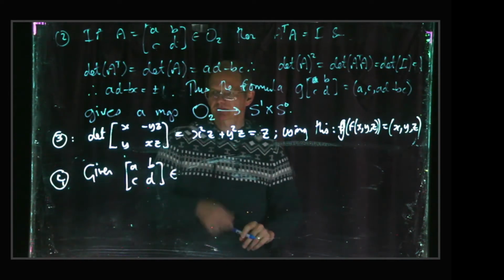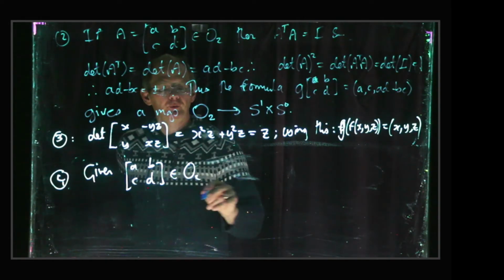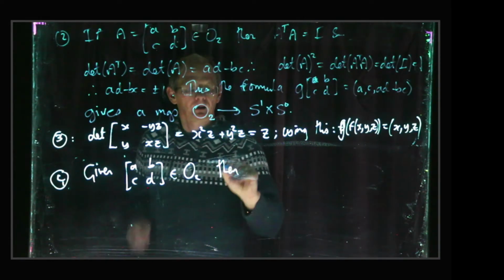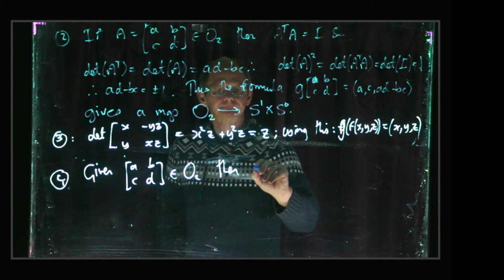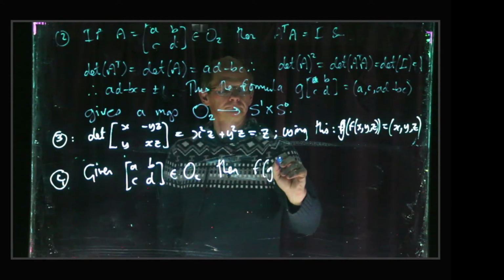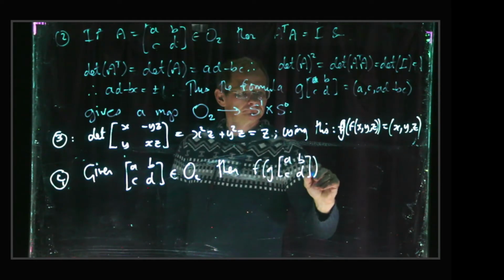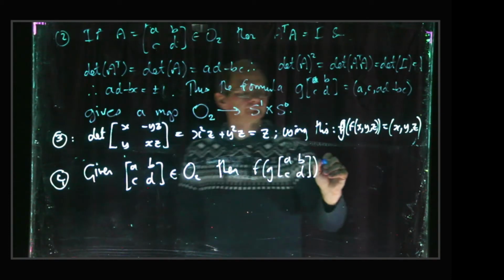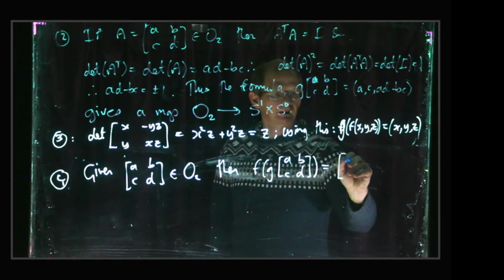So now if we are given some A, B, C, D in O2, then if we look at f of g of that, you get a matrix.